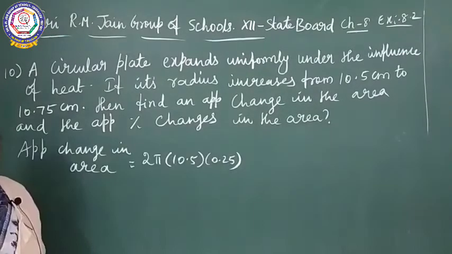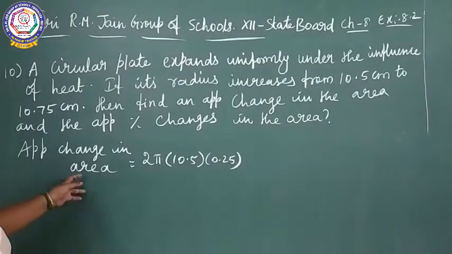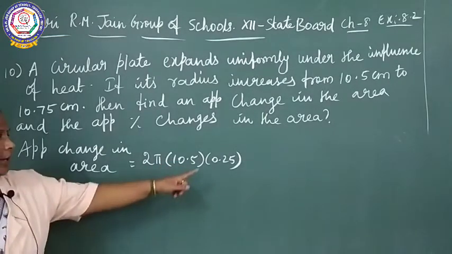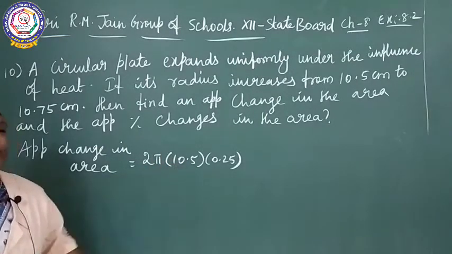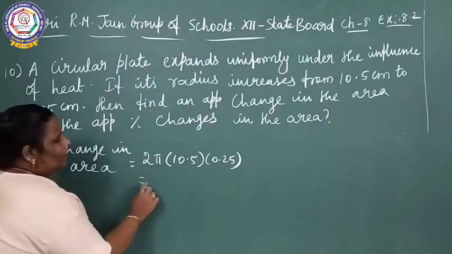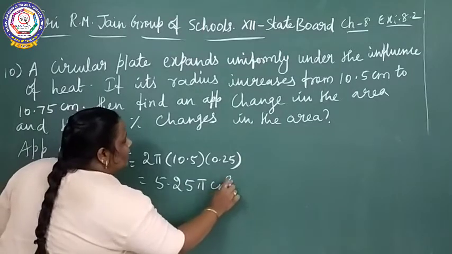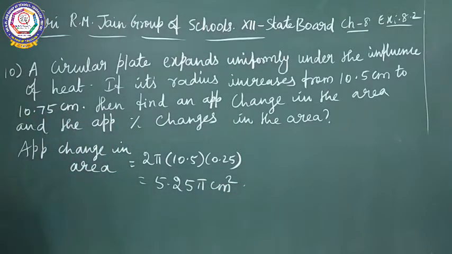So the approximate change in area equal to 2 pi into 10.5 into 0.25. 25 2s are 50, 50 into 10.5, you can get the answer: 5.25 pi centimeter square. You can do everything in the calculation part of our column.